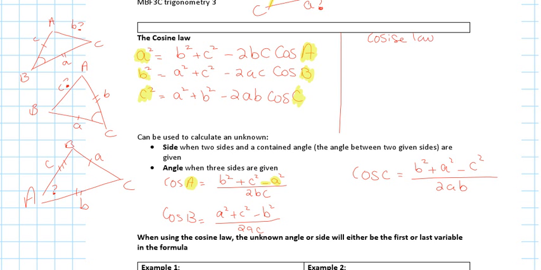Actually, it's written right here. I don't need to write it. So, when two sides and a contained angle, so the angle between the two given sides, or when all three sides are given.